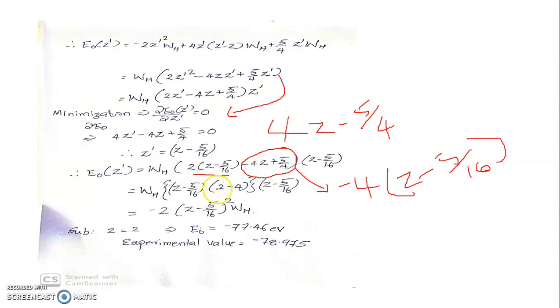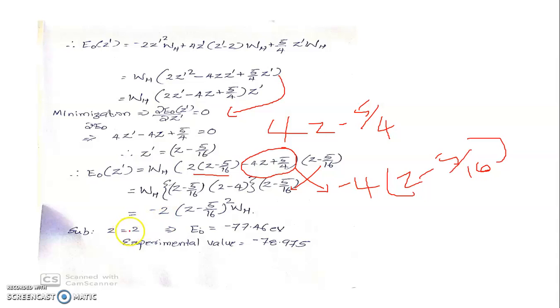So in this term 2 remains, and in this term minus 4 remains. 2 minus 4 is written here into, this is repeated here, Z minus 5 by 16. That is 2 minus 4, make it minus 2 into Z minus 5 by 16 whole square WH. This is assumed to be the ground state energy of helium being evaluated within the certainty limits of the variational method.